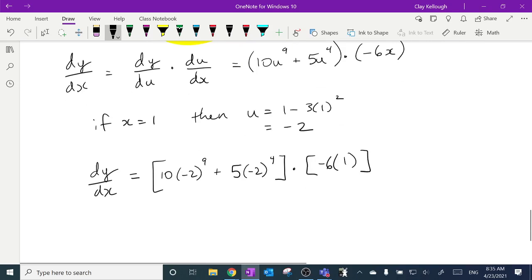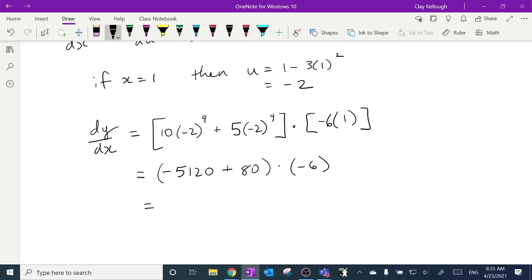And now I actually have to get a number for that. Okay, 2 to the power of 9 is 512 times 10. Oh, and it's a negative, right? A negative to an odd power. So that's negative 5120. Plus 2 to the power of 4 is 16, but the negative goes away because it's an even power. And 5 times 16 is 80, right? And that's just negative 6.